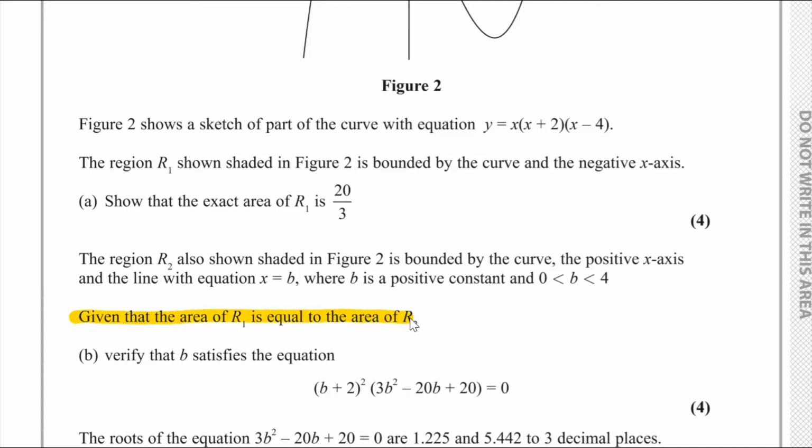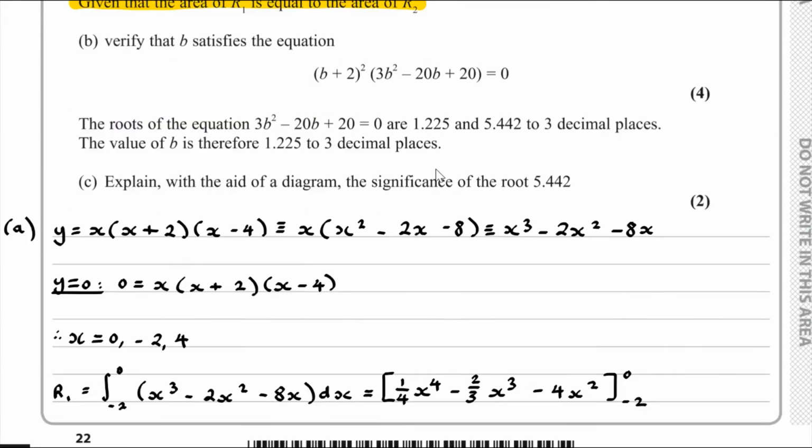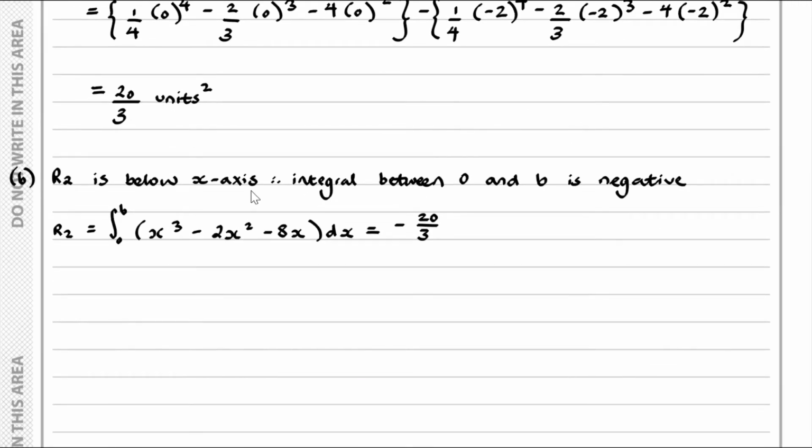So given that R1 equals R2, we can therefore conclude that the integral of R2 will be negative. So working this out, we have 1/4 x⁴ - 2/3 x³ - 4x² between 0 and b. That's equal to -20/3.